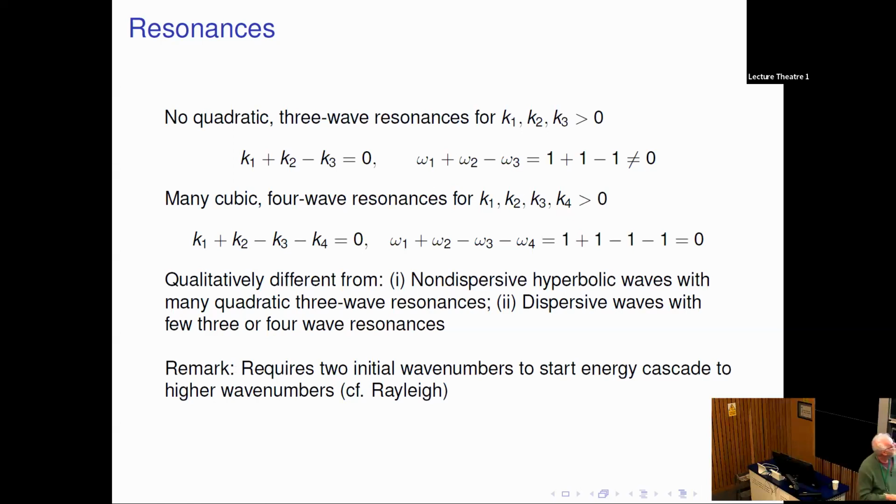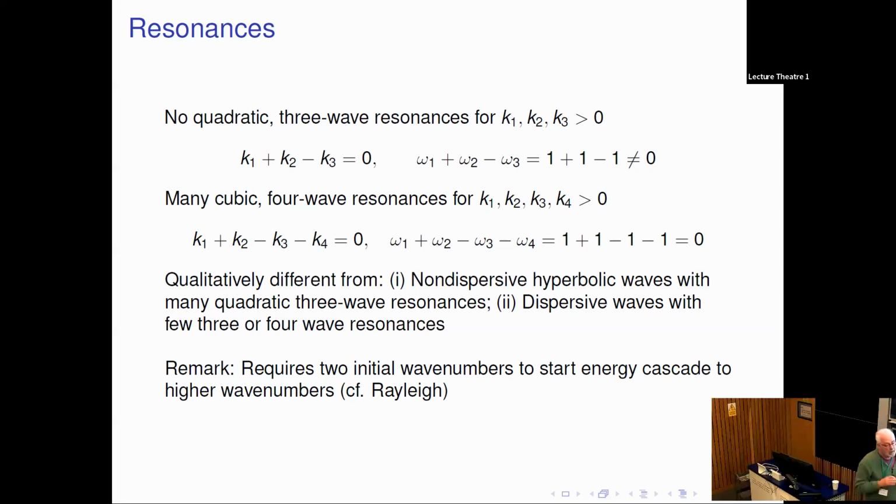On the other hand, when you go to cubic effects, you have a whole slew of four-wave resonances, because for any four positive wave numbers that add up to zero, the frequencies will also automatically add up to zero. So in some respects, it's a bit like the non-dispersive hyperbolic framework, where you have a whole lot of resonances, but instead of quadratic three-wave resonances, you have this whole slew of cubic four-wave resonances.